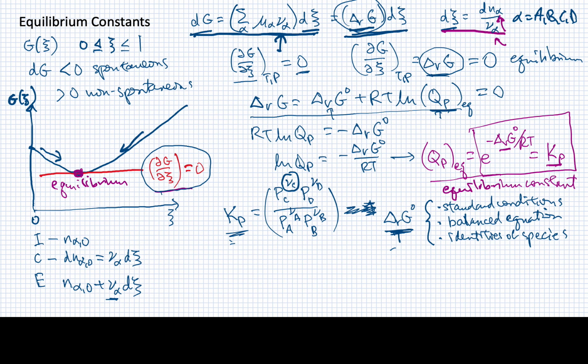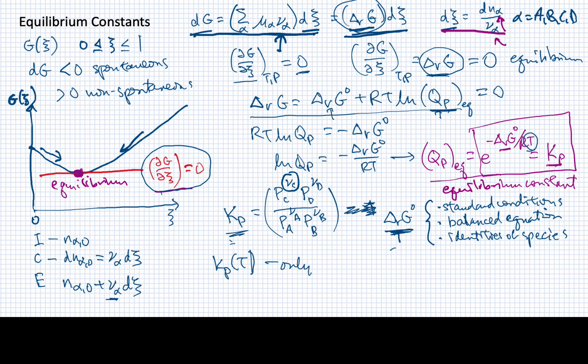But you'll notice that I haven't said anything about thermodynamic variables. Well, the only thermodynamic variable that appears in here is T when I look at the expression for Kp. So what that tells us is that this equilibrium constant is a function only of the temperature. It is not a function of the pressure. It's not a function of the volume or anything else like that.